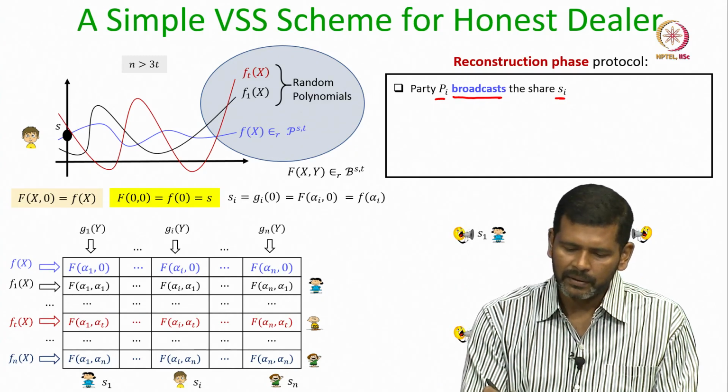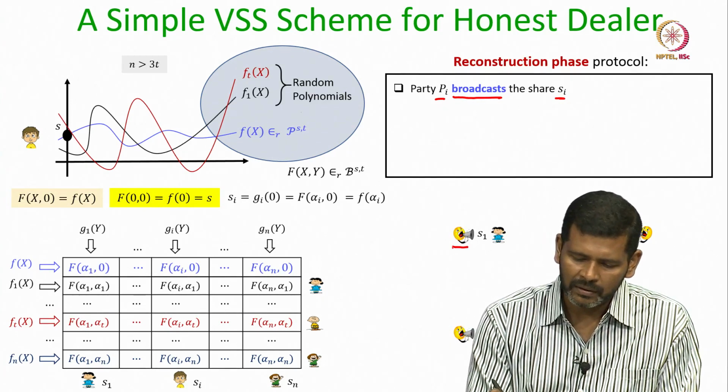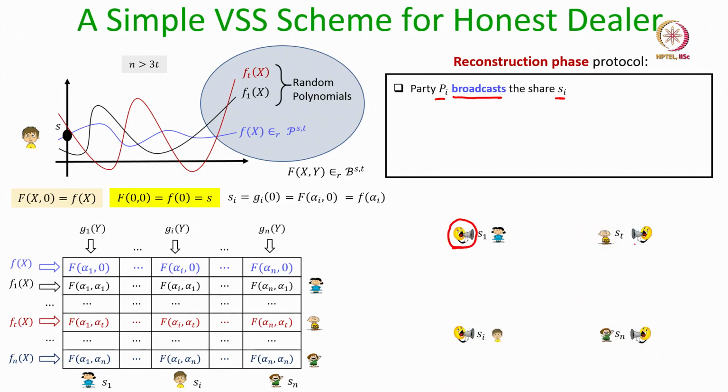Even though I am using this notation or this picture of reliable broadcast, that need not be the case. The parties can use instances of reliable broadcast as well to make public their shares, but that is not necessary since we are working with the setting of n greater than 3t. Later on we will see that it is sufficient even if the parties send their shares over the point to point channels directly to everyone.